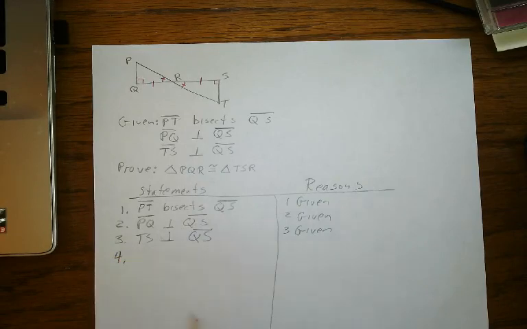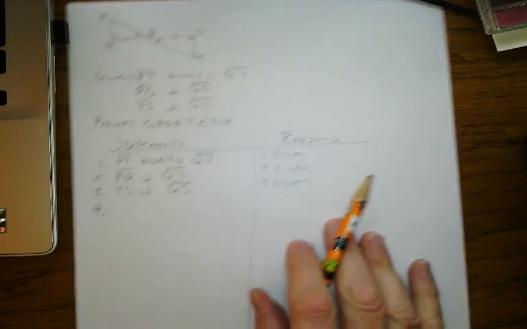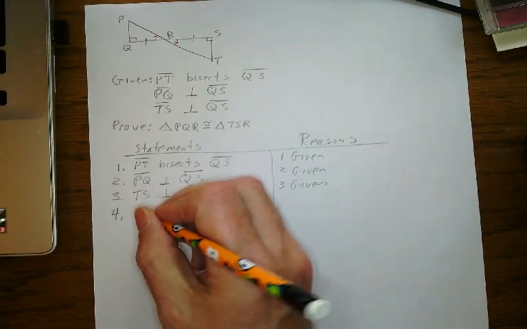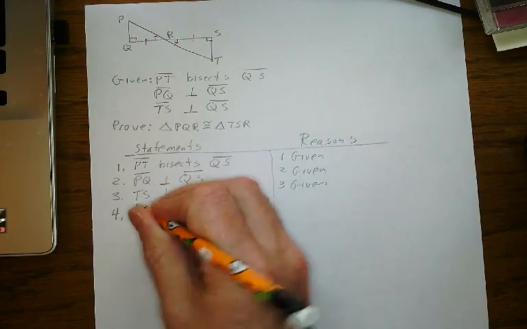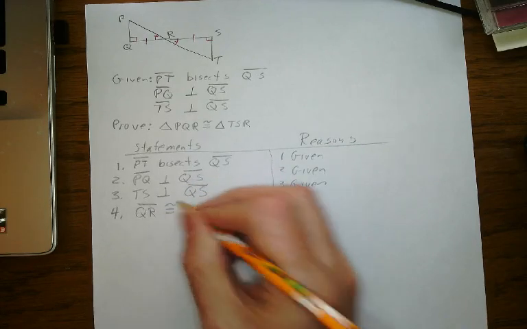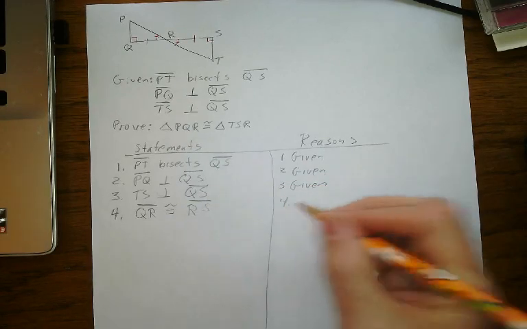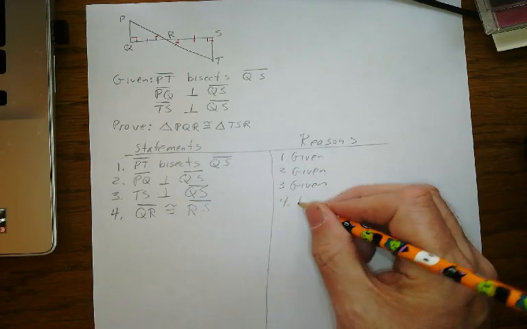Okay? What I'm going to basically do now is I'm going to write down what I marked. Okay, I marked QR congruent to RS. And what was the reason I marked that? Definition of a bisector.